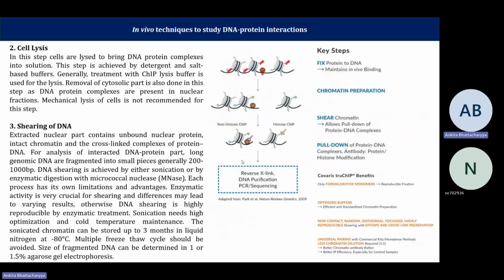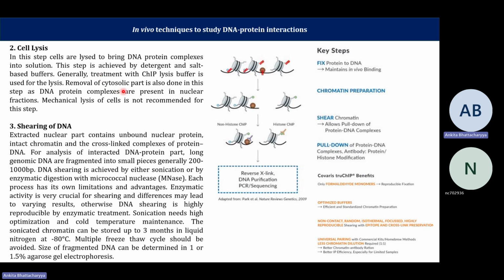Then once you have frozen those DNA-protein interactions in physical space, you perform cell lysis, where you basically permeabilize the cell membrane and the nuclear membrane to bring out all of your DNA protein complexes into your lysis buffer.